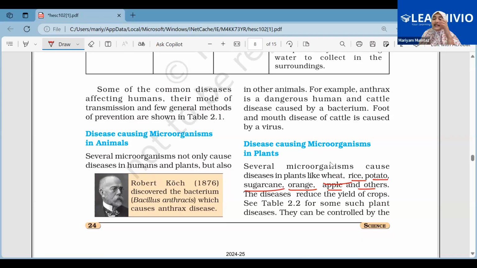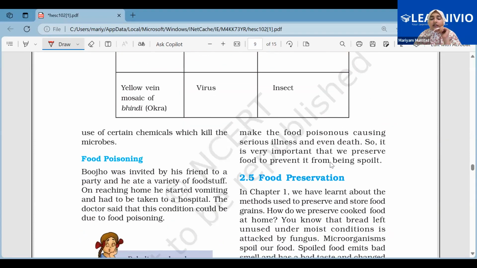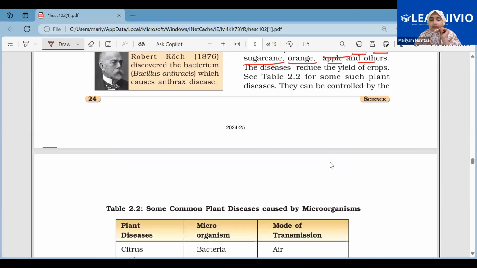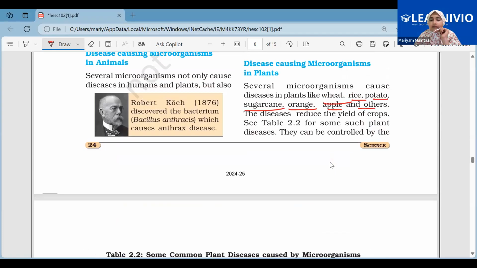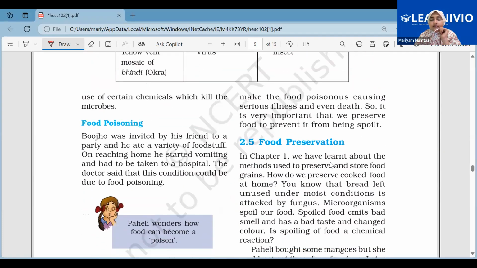If a crop gets diseased, the crop will die, and then the final yield will be very, very less. So they are controlled by chemicals that we call pesticides or insecticides to kill them. Clear? Any doubts?